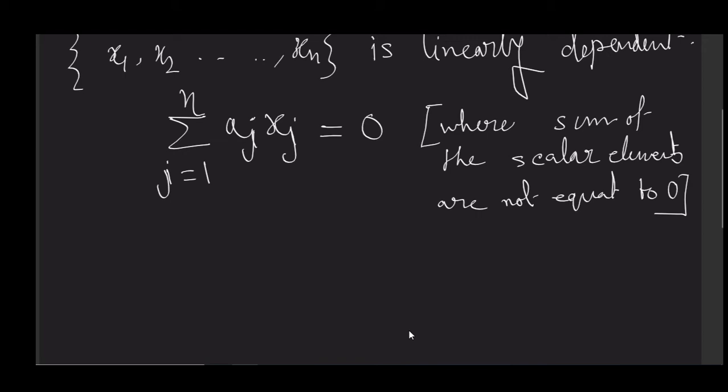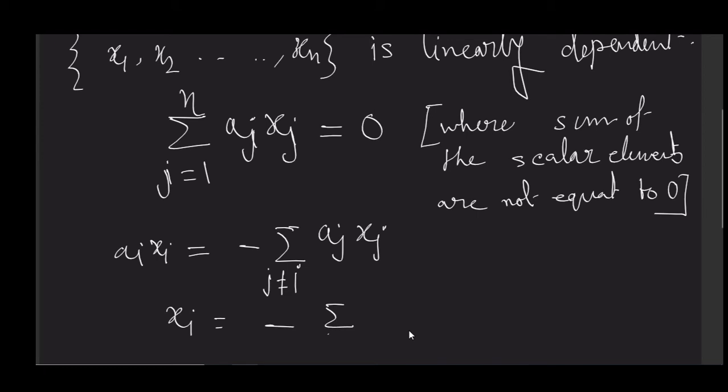We can always obtain the ai, like if we want to express one vector by means of others, then we can take aixi to this side and write it so that xi will be minus the sum of the others divided by ai.